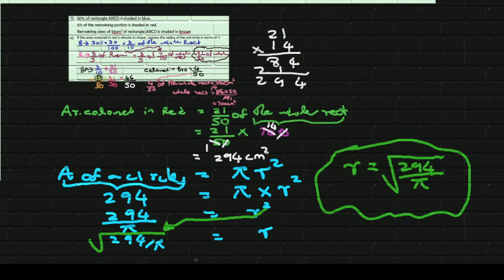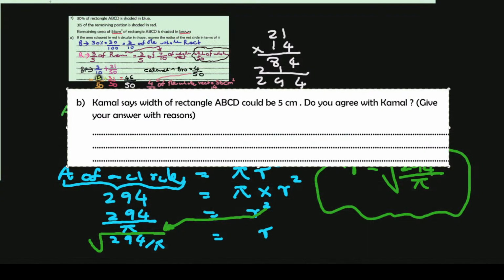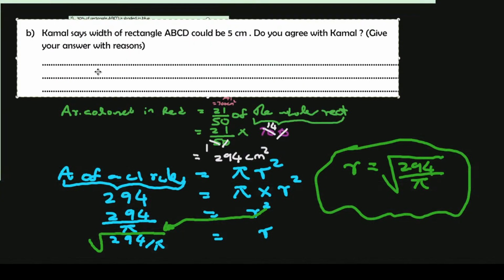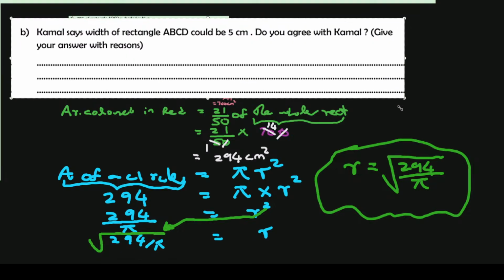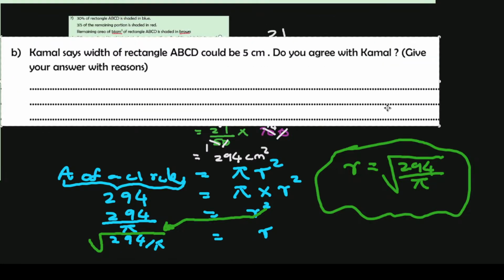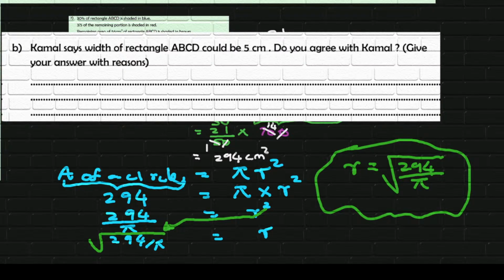All right, let's see what the next question is. Right, question B. It is told to us, Kamal says the width of rectangle ABCD could be 5 centimeters.